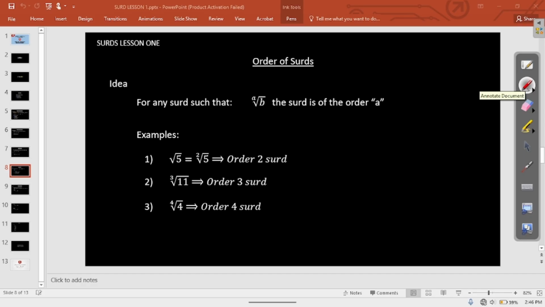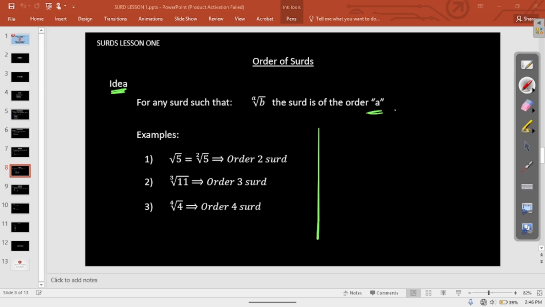After knowing what a surd is, now it is important for us to note what the order of a surd is. The key concept is that for any surd expressed in the form a root b, the surd is of order a.